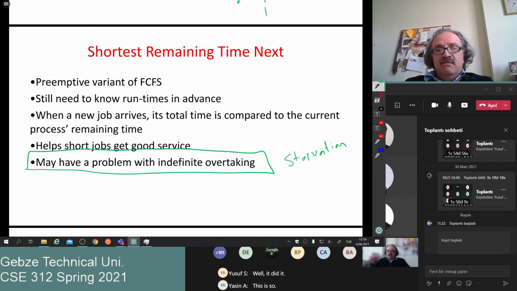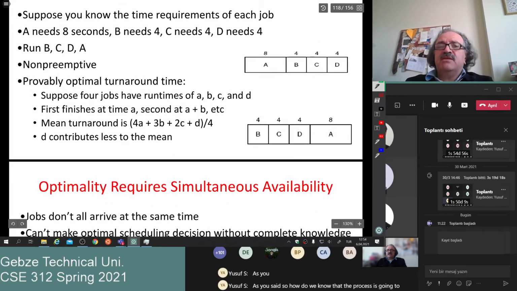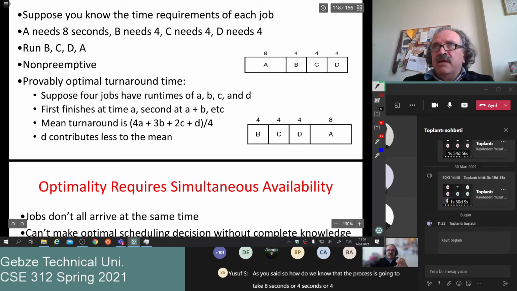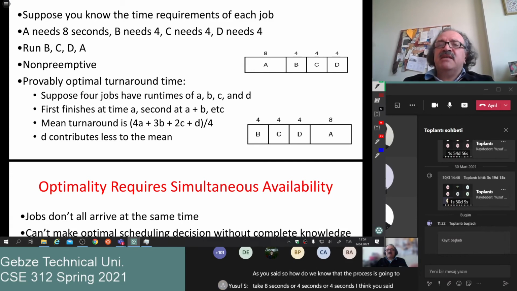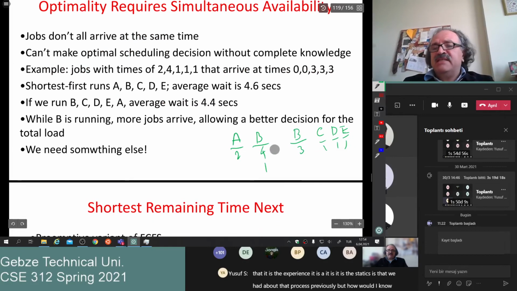How do we know that a process is going to take 8 seconds or 4 seconds? Yes, it is the experience, the statistics that we had about that process previously. But how would I know that I have run this process for a second and it needs 3 more seconds?